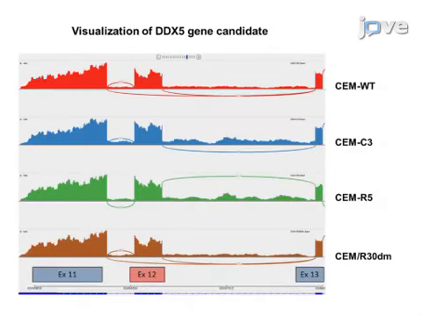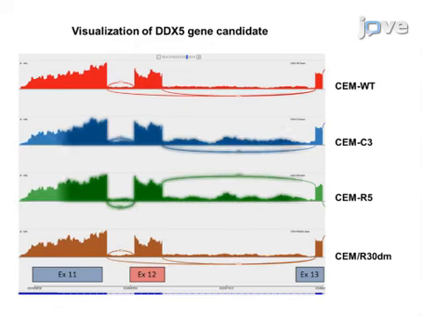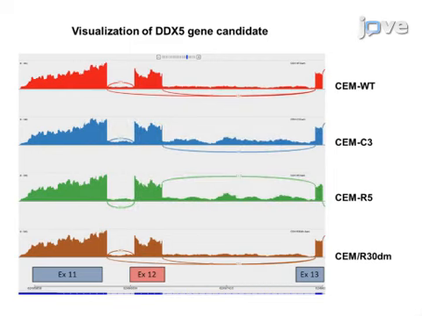Short reads of the gene candidate DDX5 can be visualized as sashimi plots, where connecting lines represent splice junctions. DDX5 transcript shows differential usage of exon 12 in CEM wild-type and CEM R30DM cells, as compared to glucocorticoid-resistant cell lines CEM-C3 and CEM-R5.